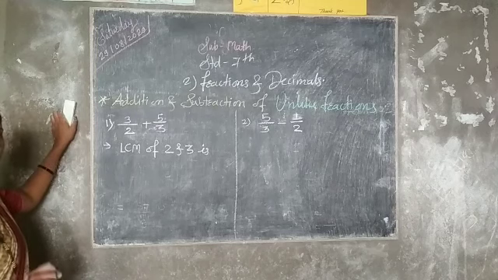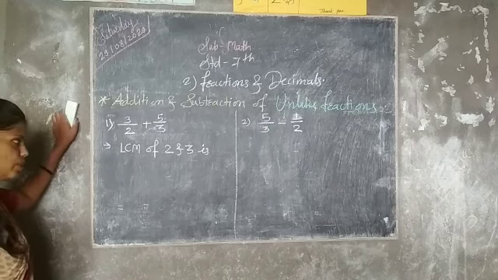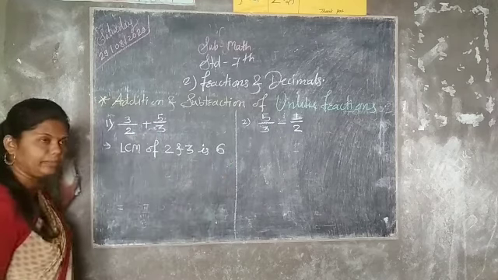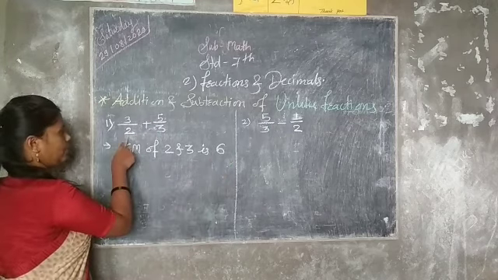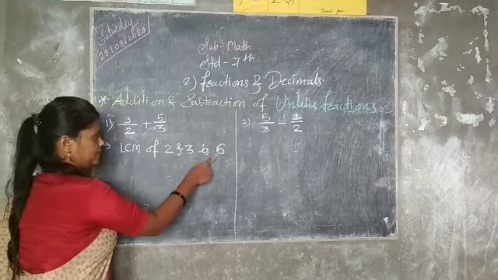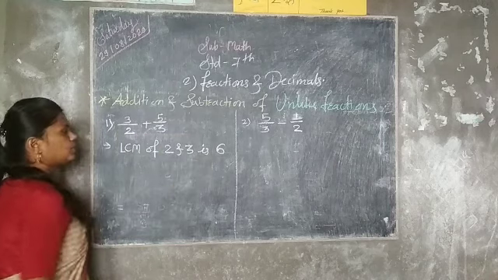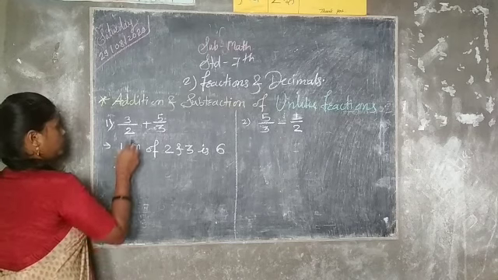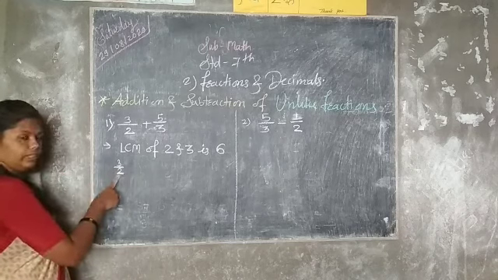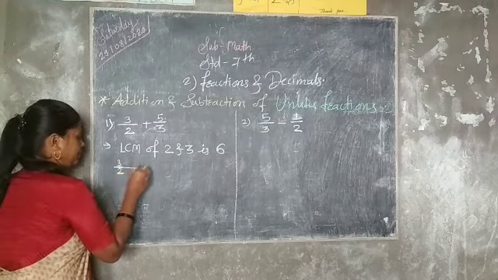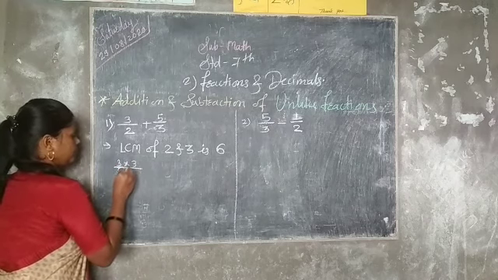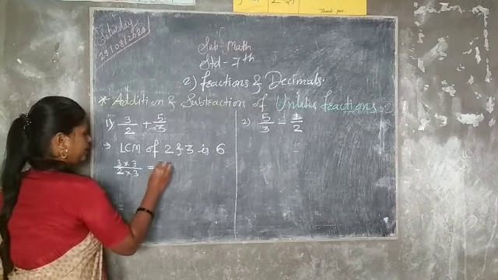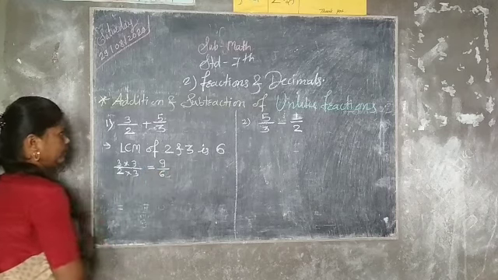LCM is lowest common multiple, and the lowest common multiple of 2 and 3 is 6. That means you have to make the denominator 2 as a 6 and 3 as a 6. So how? First of all, 3 by 2 you can convert your denominator as 6 by multiplying 3 to numerator as well as the denominator. We will get here 9 upon 6.